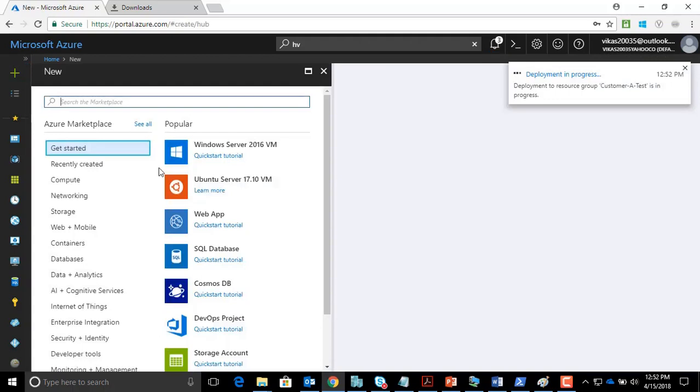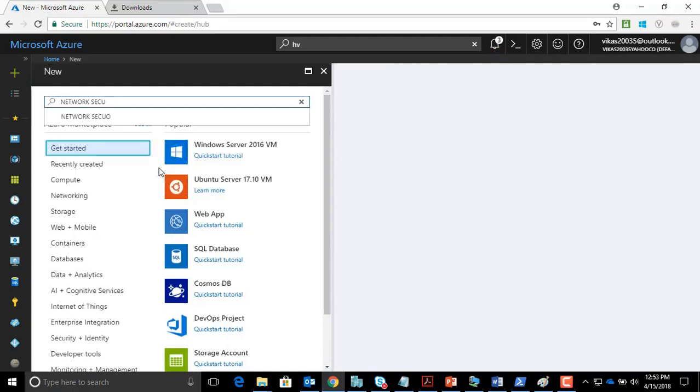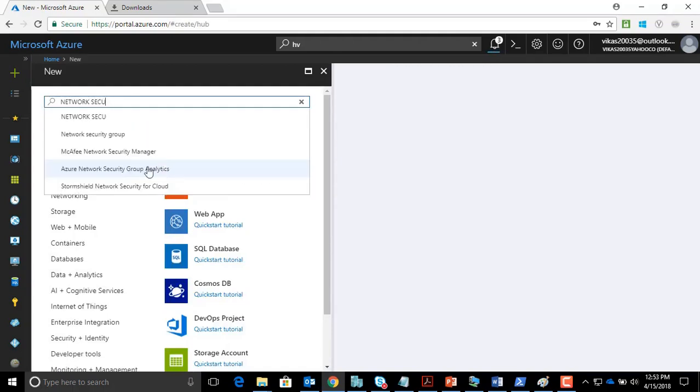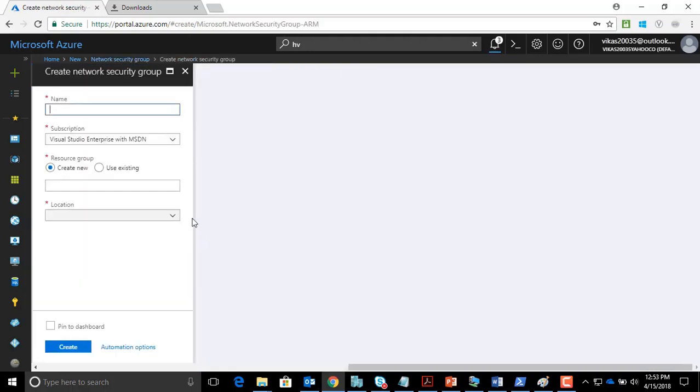I'm going to create four firewalls, which I'm going to use in this scenario: network security groups. One is NSG number 1, which I will link with subnet 1.